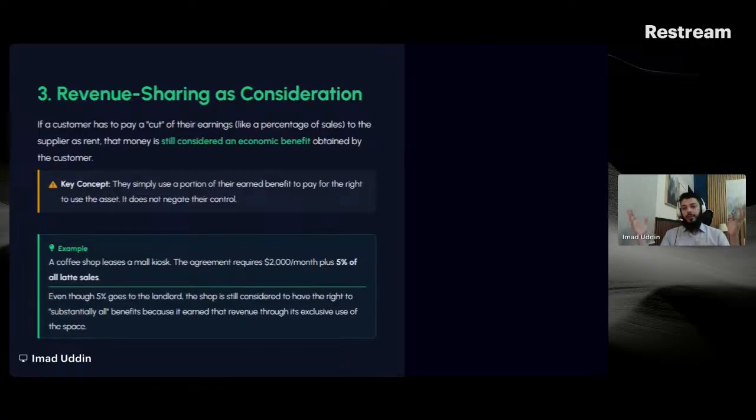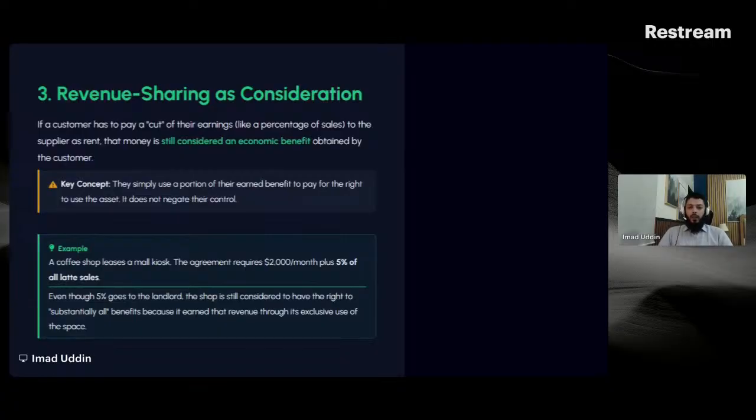So if a customer has to pay a cut of their earnings, like a percentage of sales, to a supplier as rent, the money is still considered an economic benefit obtained by the customer. Just because I'm sharing that revenue does not mean I have not obtained a benefit. I'm paying that benefit forward as rent, and that can be a legitimate arrangement under IFRS 16. They simply use a portion of their earned benefit to pay for the right to use the asset. It does not negate their control.